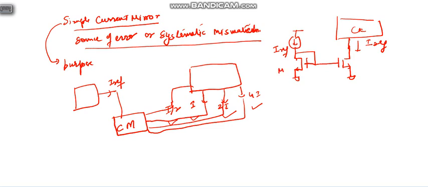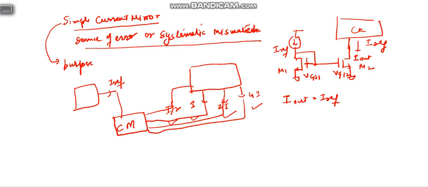Now say this is M1, this is M2, and this is I out. So here I out equals I ref. But why? Because VGS1 equals VGS2, because this is a diode connection and both gates are equal.